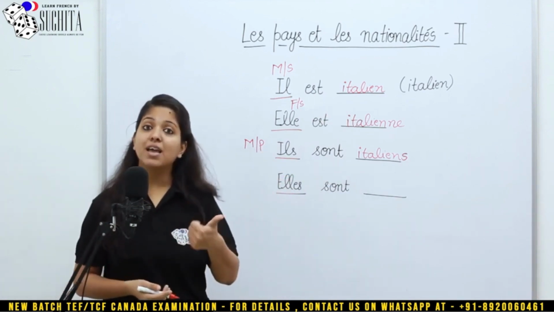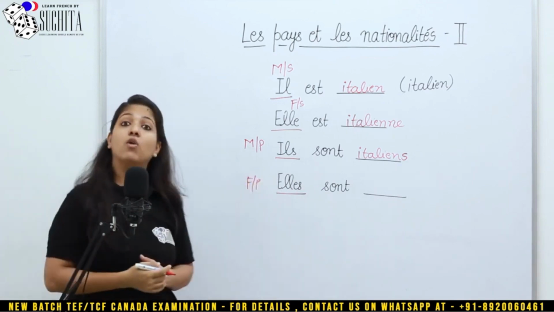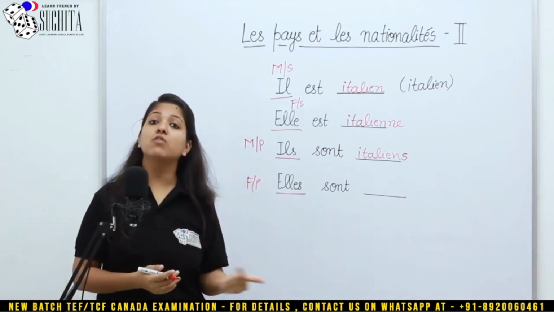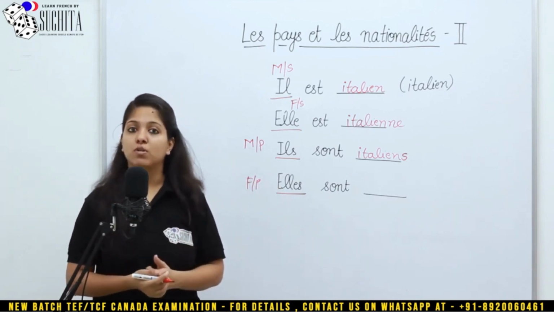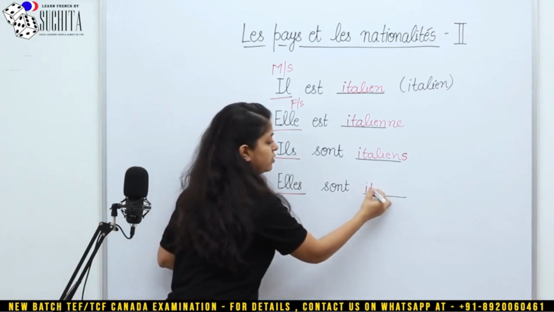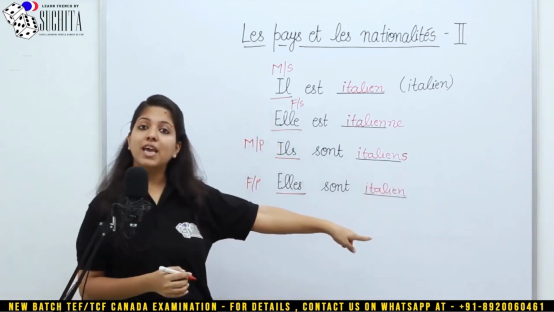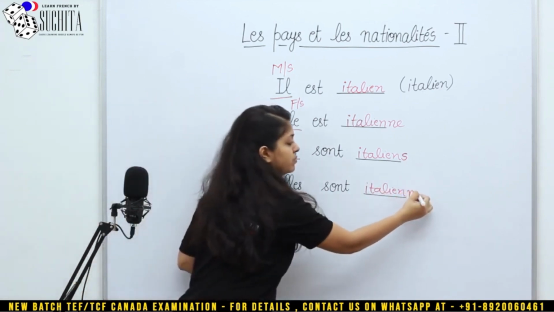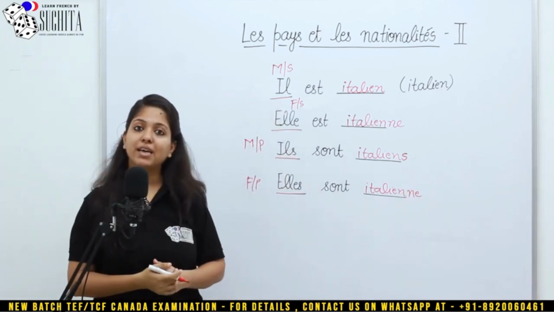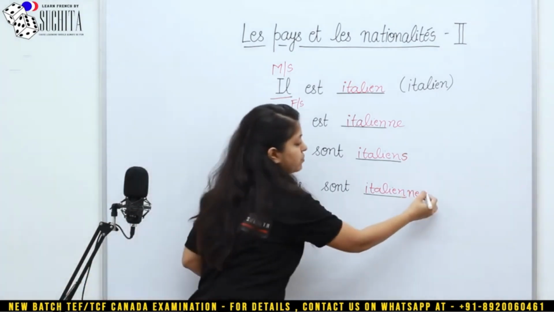Elles, c'est féminin et c'est pluriel. So now, that means you have to first make the feminine of the nationality Italian and then you have to make the plural also. So since it is ending with en, you have to first make its feminine by adding ne, and then in order to make it plural you will add an s.